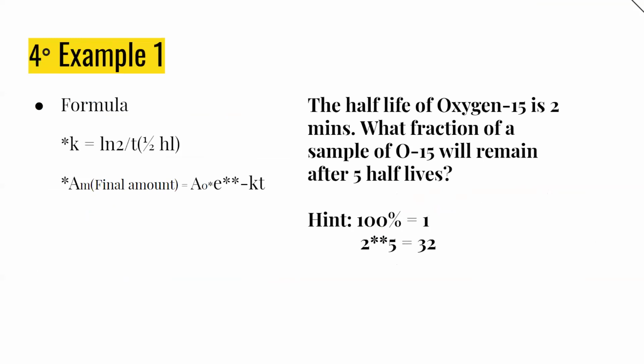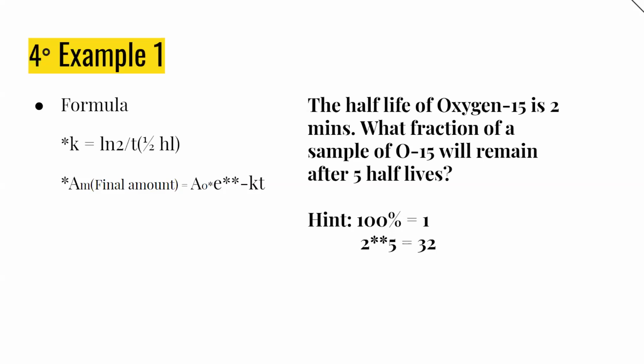K is ln 2 divided by the half-life time, and the final amount of the mass or number of particles is equal to the initial amount times the natural number e to the power of negative K times T. T is the time.